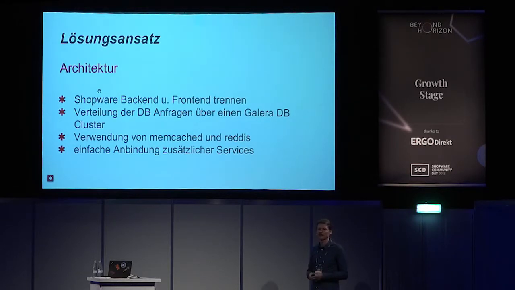So how does this fit in with Shopware? We separated the backend and the front end. So we have a dedicated query, and that makes it possible to work with the response of the system, even if other things are running on the front end, or there's a load peak which slows down the system a little bit. The distribution of the queries is done by a Galera cluster.